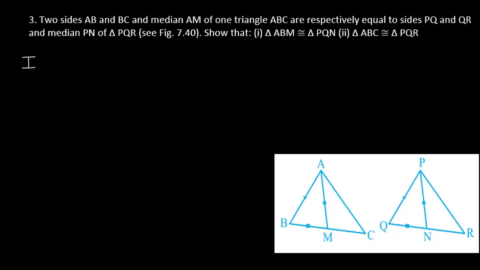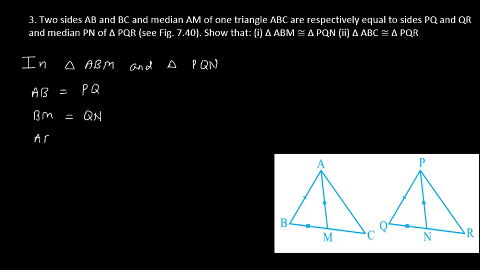Okay, so in triangle ABM and triangle PQN, AB equal to PQ, BM equal to QN, and AM equal to PN.